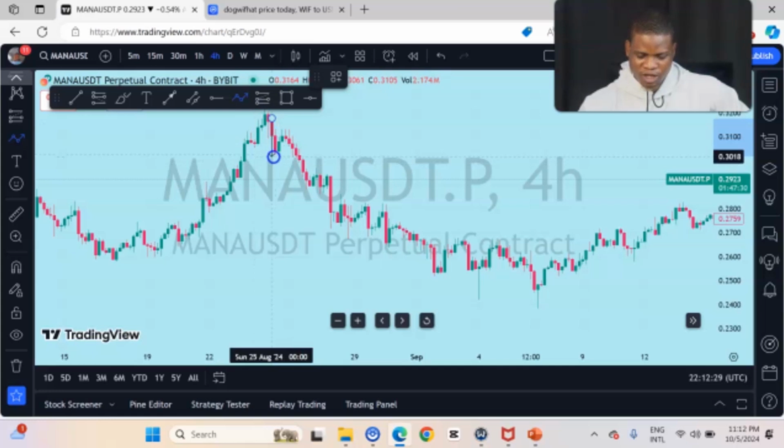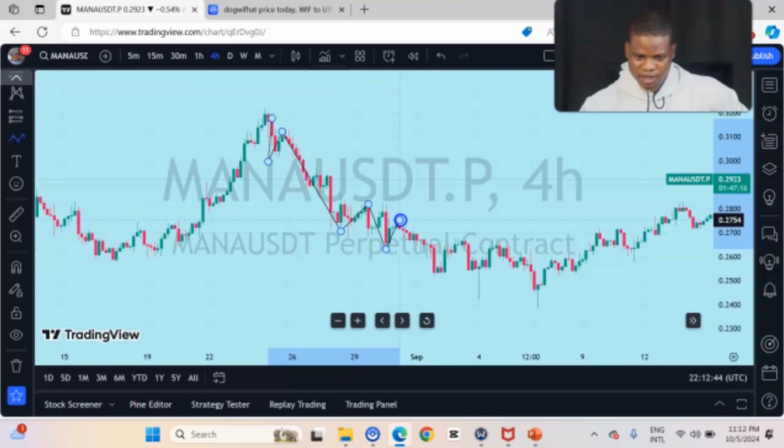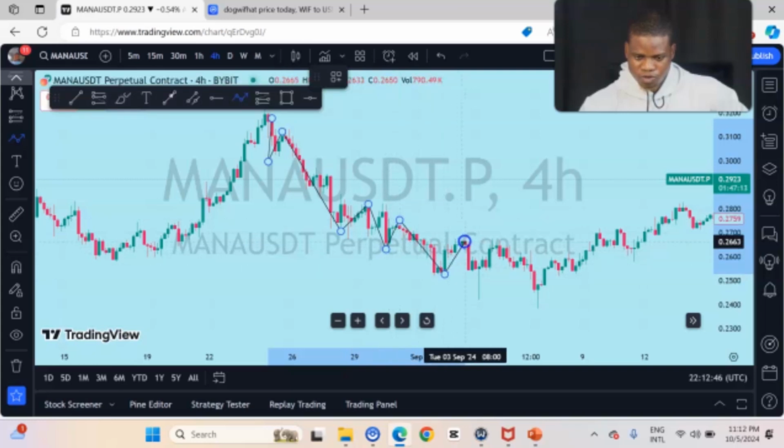This is a lower low, this is a high, then a low, a lower high, lower low, lower high, lower low, lower high, lower low, lower high, before the market started moving up.